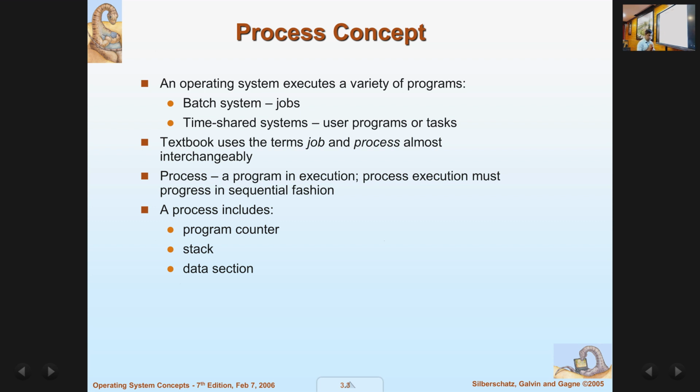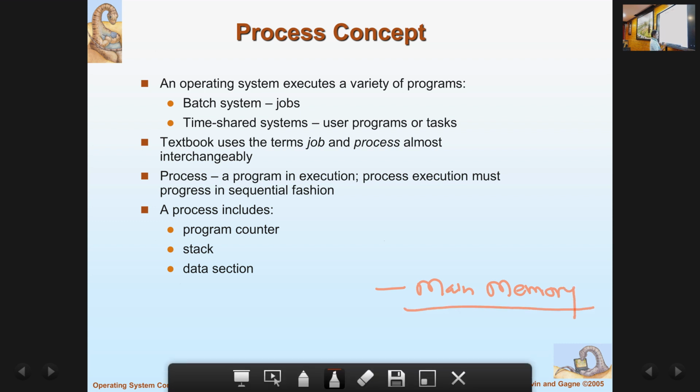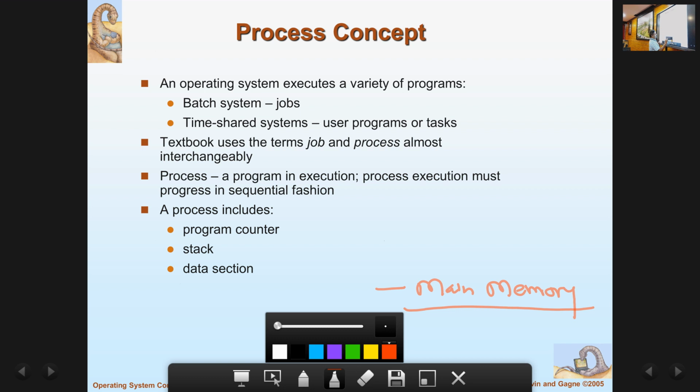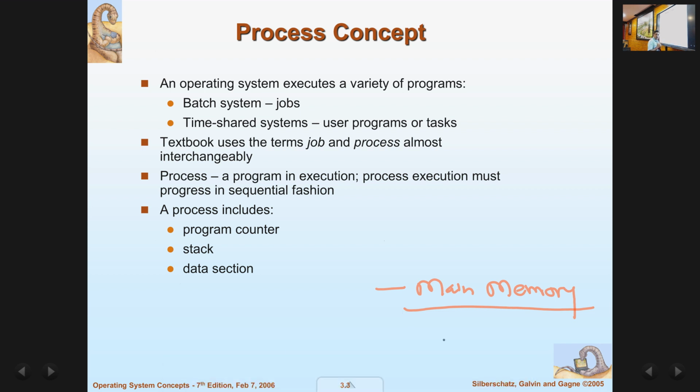When I talk of memory, I talk of main memory. Process should find some space in main memory.